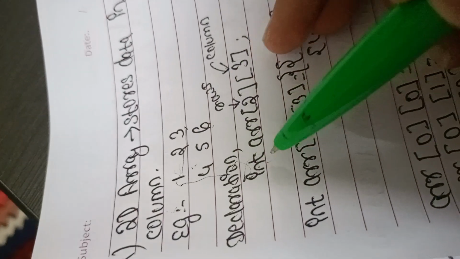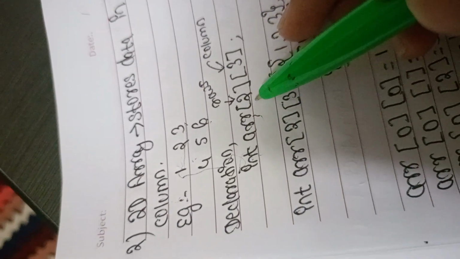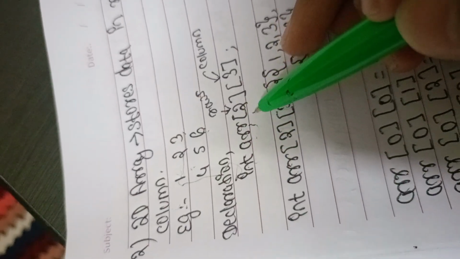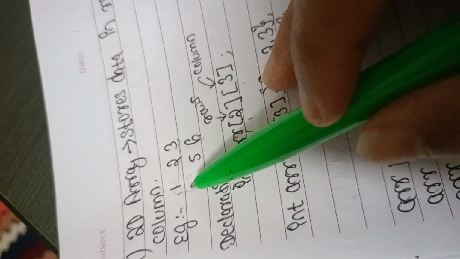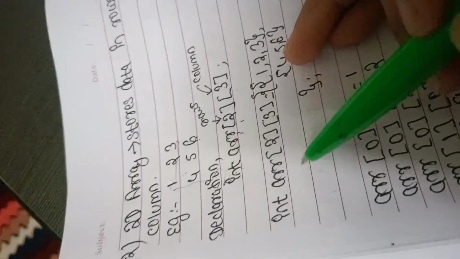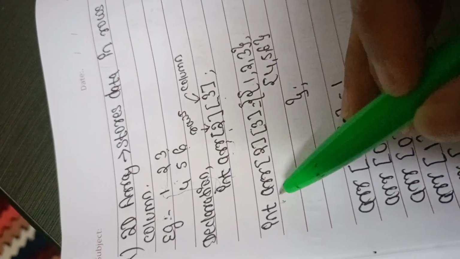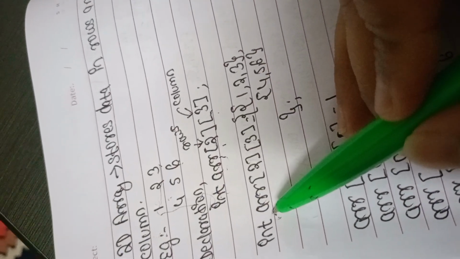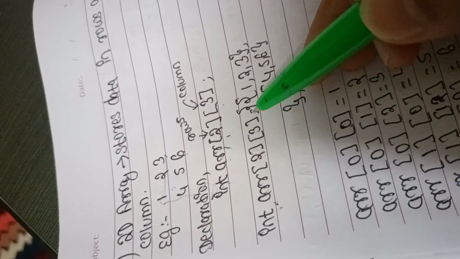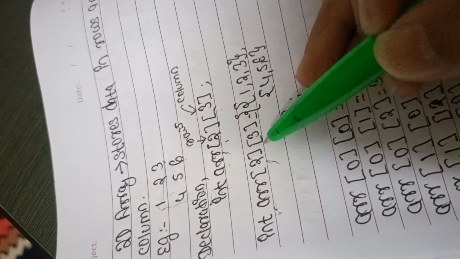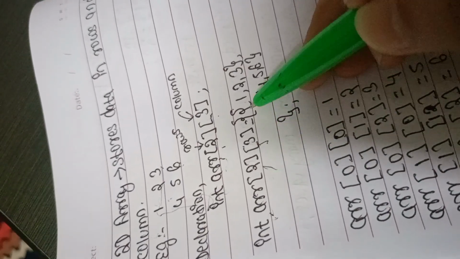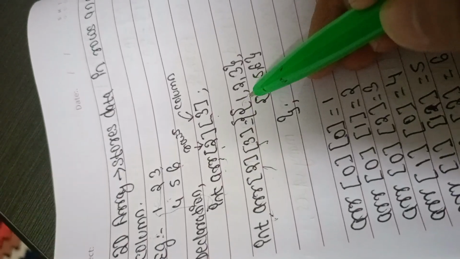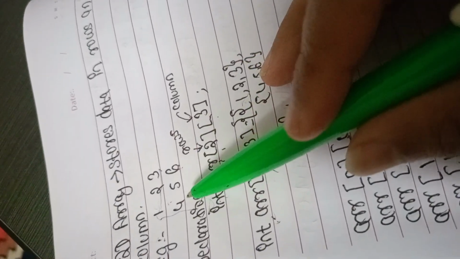So here is the declaration: int array 2 3, which means row and column. Then we write first row 1 2 3, and after that 4 5 6.